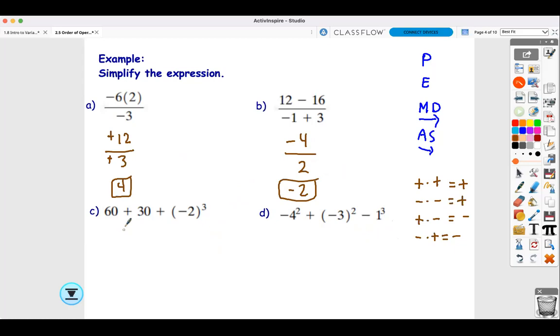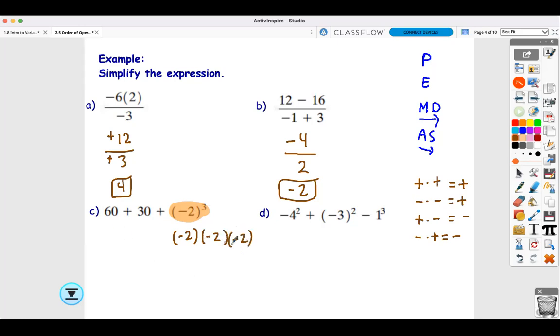Okay, so let's look at C. Remember, following PEMDAS, there's no fraction now, so we have to do parentheses, there's none. There is an exponent, right? The exponent is -2 cubed. So we're repeatedly multiplying -2 how many times? 3 times. So we're gonna get -8. What kind of 8? Positive.